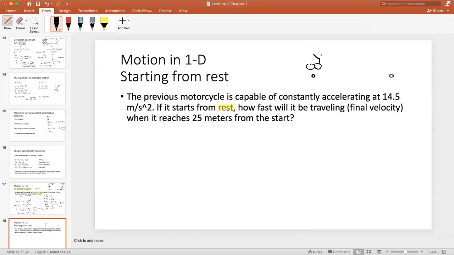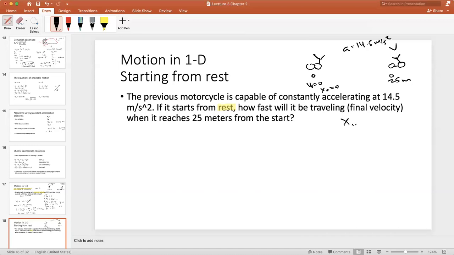This is my motorcycle, and when it reaches 25 meters, I want to know what V is when it's at 25 meters. And I know that V initial is 0. I know that X initial is 0. I'm choosing that.